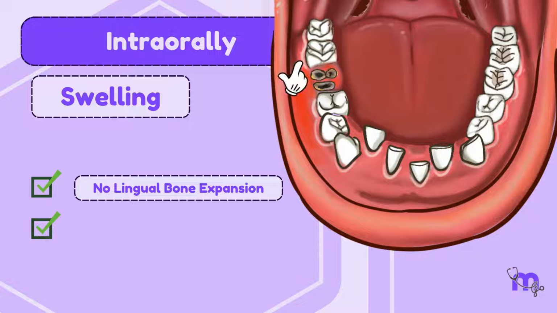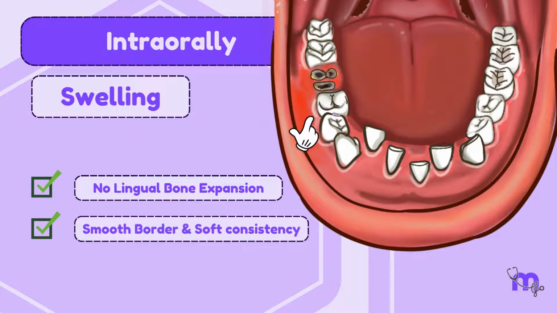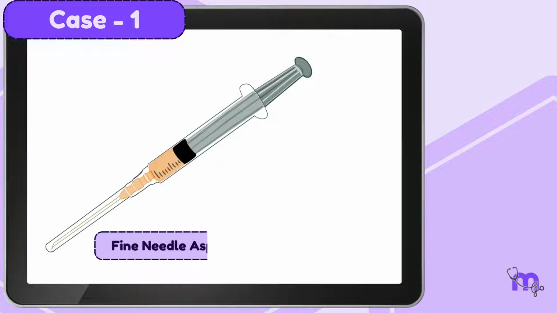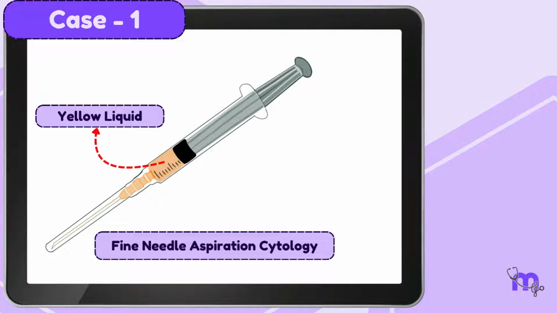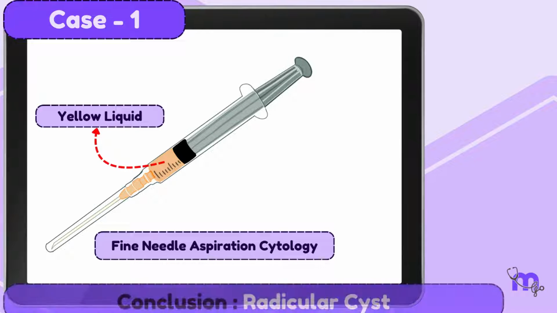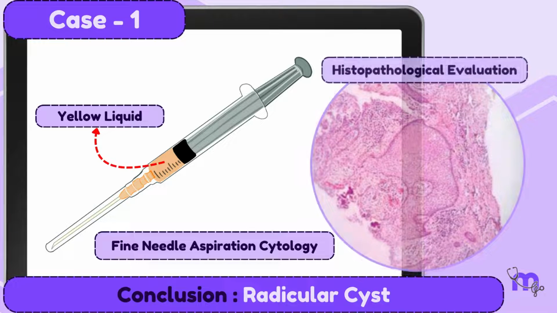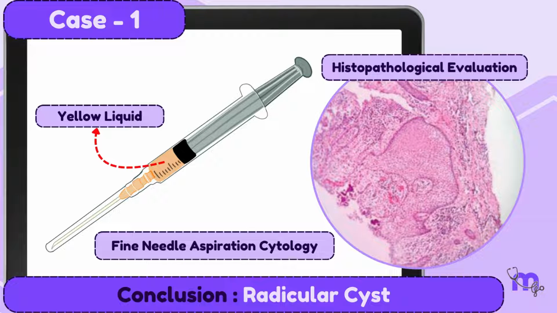On intraoral palpation, I felt a smooth, clear border with soft consistency. Fine needle aspiration cytology produced a pale yellow liquid, which led to the belief that it could be a radicular cyst. Histopathological evaluation confirmed my diagnosis.